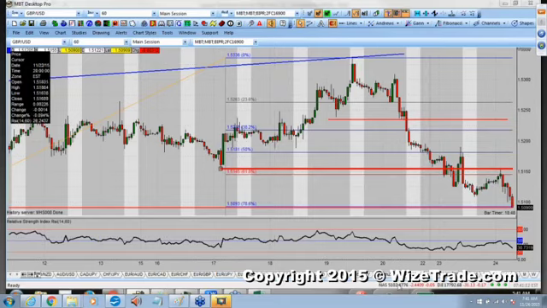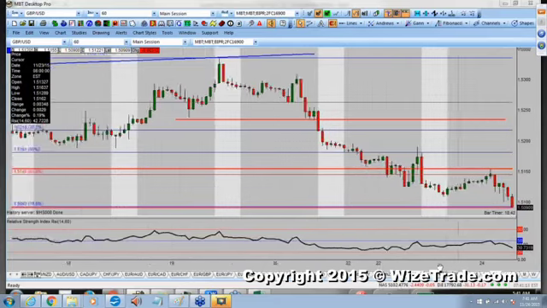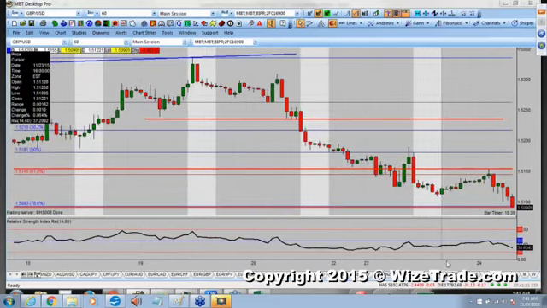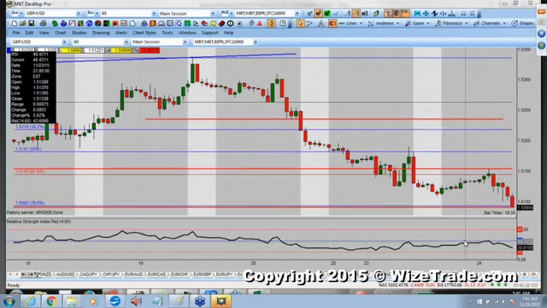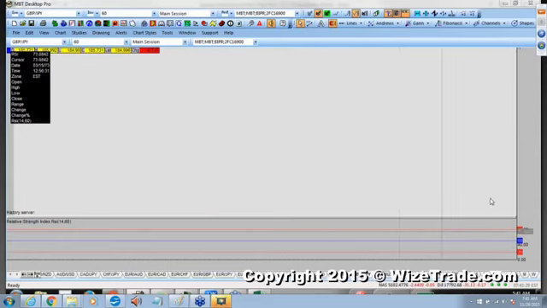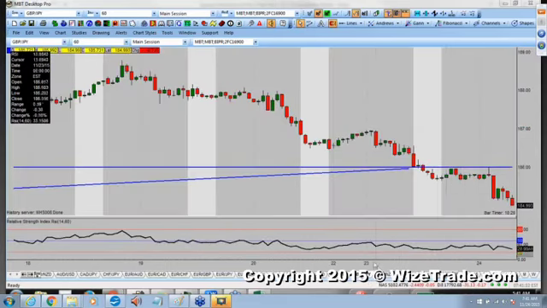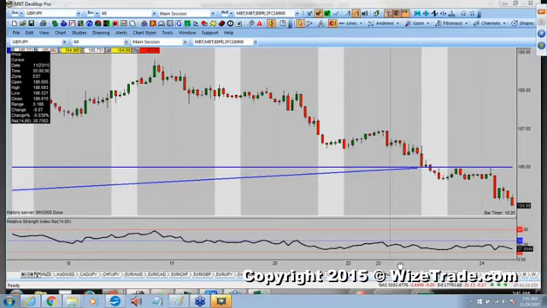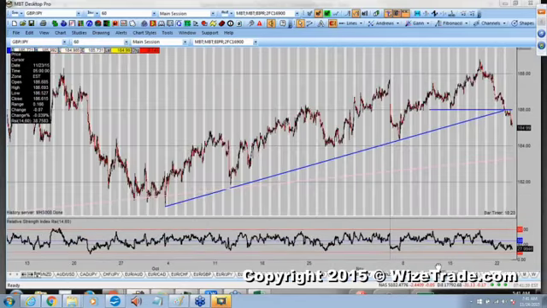All right, let's take a look at the Swissy. Look at it. I mean, we're there. I like it because I'm long the euro pound, but geez, and I'm short the pound yen. But man, let's take a look at that pound yen really quick. I just need to double check something. Oh man, free falling.